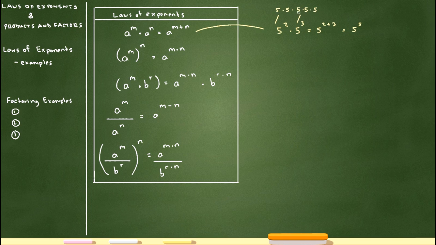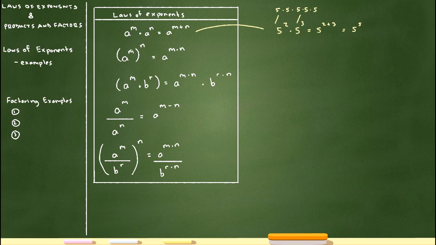So our answer, as you see, we're getting 5 fives, thus our answer is 5 to the 5th power. So this is why we add these exponents together when we have the same base, because this is essentially what's happening right here.